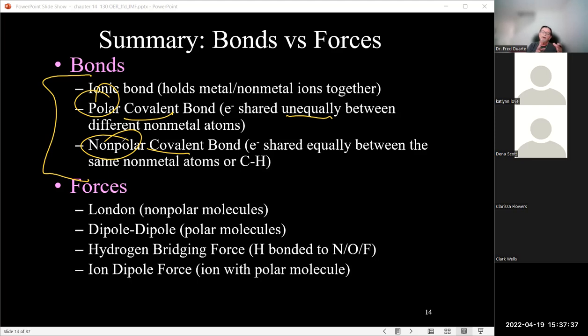Okay. Now, with respect to polar covalent bonds, once you identify that you have polar covalent bonds, the next question you must ask yourself is, are these polar covalent bonds that I've identified canceled? Can they be canceled out by another polar covalent bond? If the answer is no, then you've got a polar molecule.